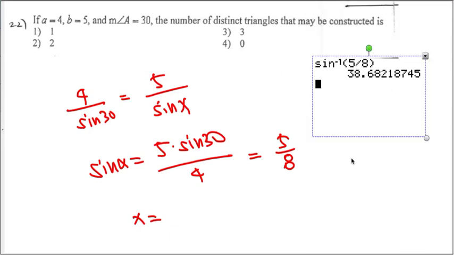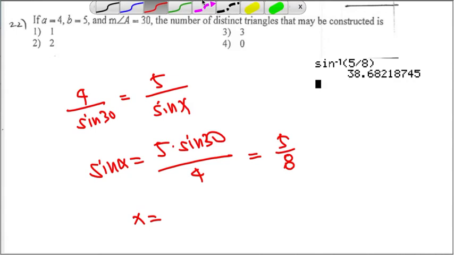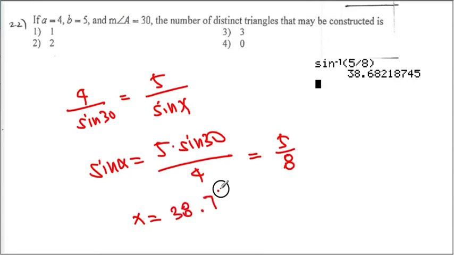Then this gives us 38.7, and the other measure of the angle would have been 141.3 degrees. Whether it be 141.3 plus 30, it gives us 171, so we could actually have this very small third angle. So we have two possibilities. Both of them are accepted.